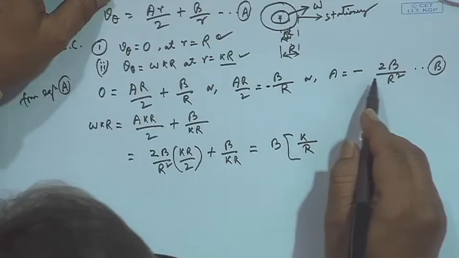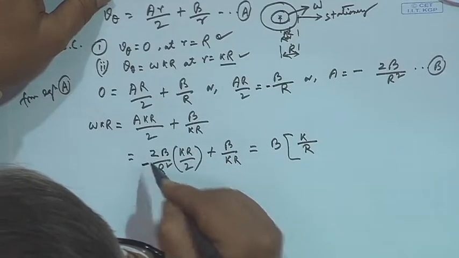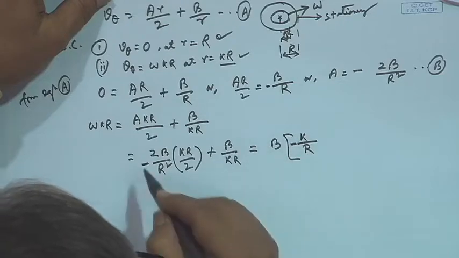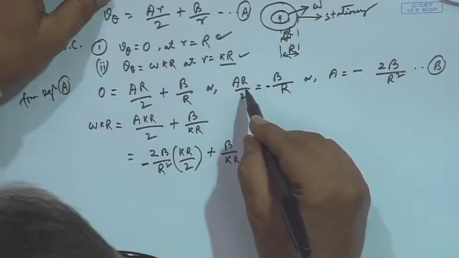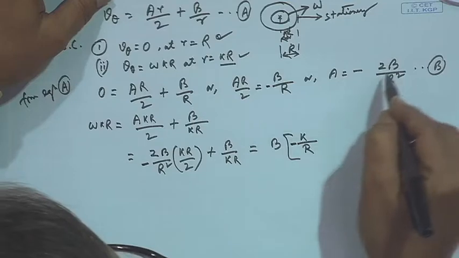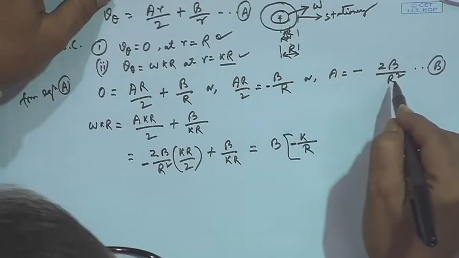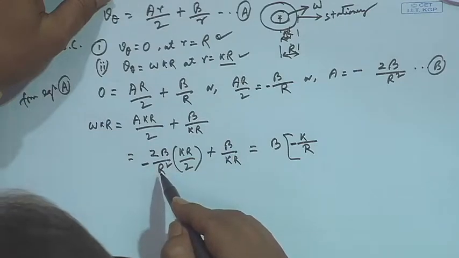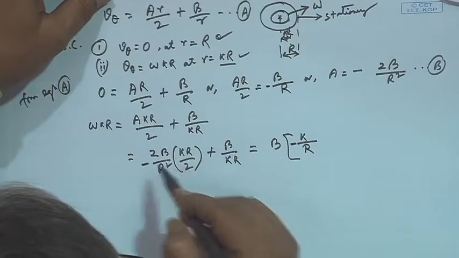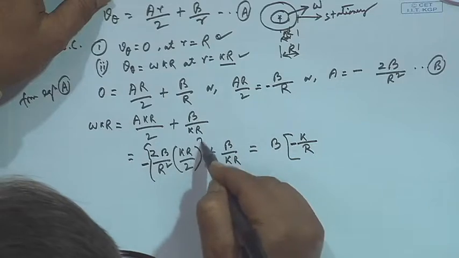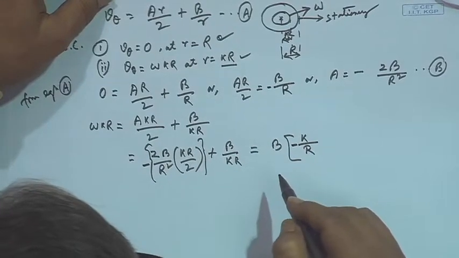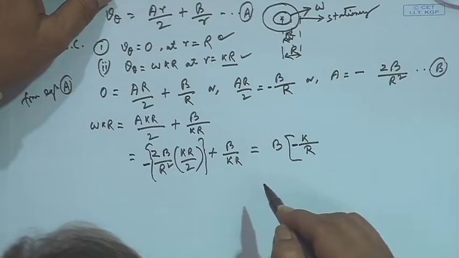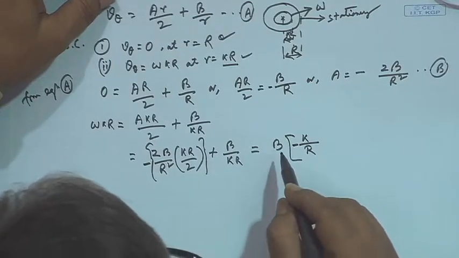Yes, A equals minus of that. So, it was a minus, right. This A is minus 2B by R square. So, when we substitute with A, it is minus 2B by R square into kr. So, this we write with the second bracket, then there is no confusion.